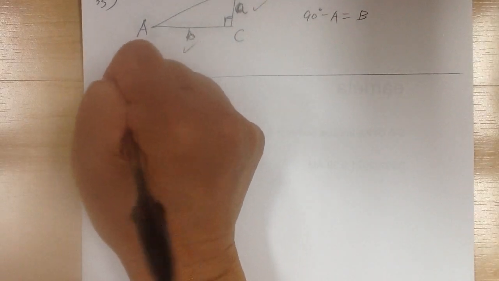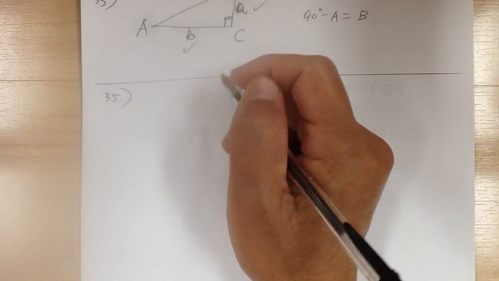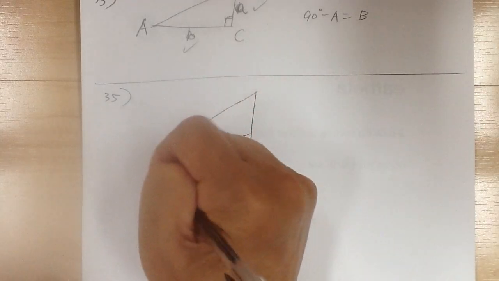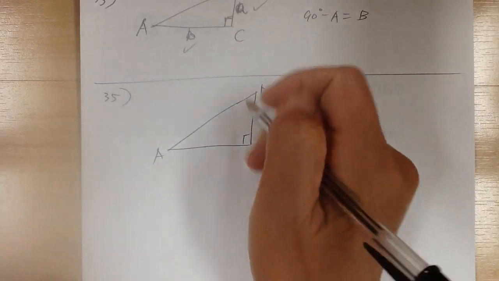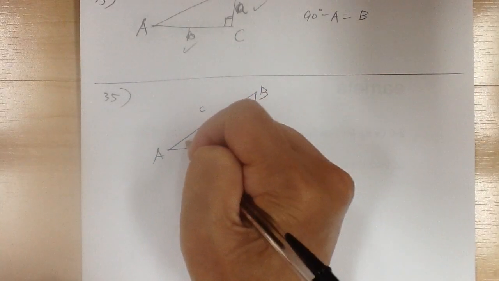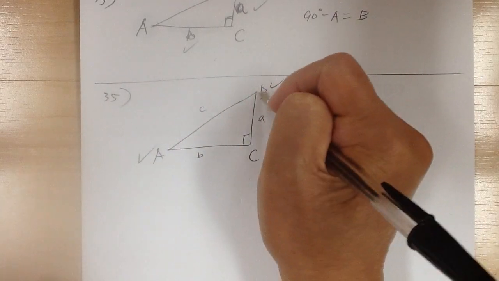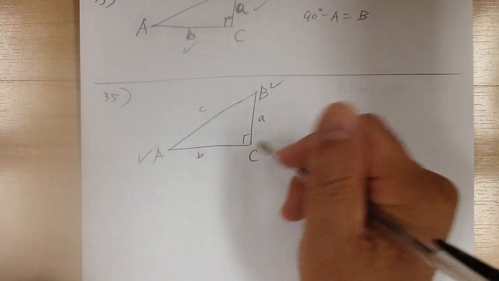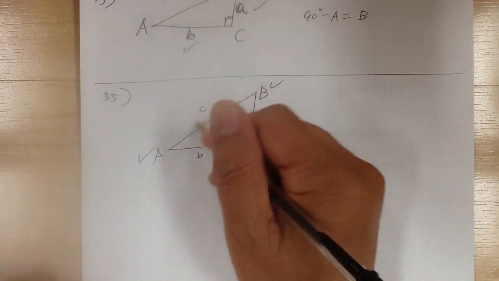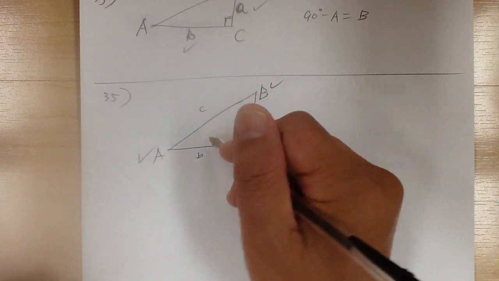Now 35. You get a measure of two acute angles. So if you're given these, the problem is you cannot solve this triangle, because you don't know any side. All you have is three angles.